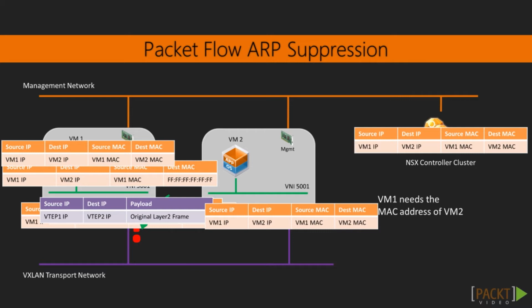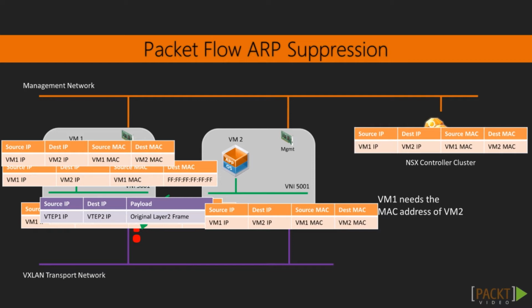Now that VM1 knows the MAC address of VM2, we can establish our direct unicast communication from VM1 to VM2. However, we have a VXLAN involved, so there is a bit more which is going to happen next. VM1 is going to send out the packet to VM2, and it can now use the MAC addresses for the traffic communication.